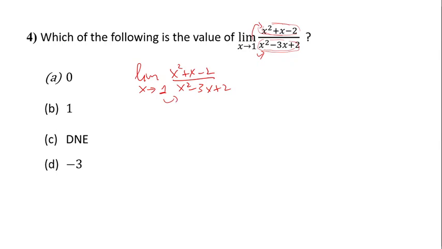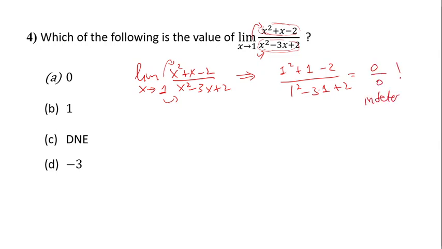We will put 1 for x. Then what we get here is 1 squared plus 1 minus 2 divided by 1 squared minus 3 times 1 plus 2, which is 0 over 0, an indeterminate case.